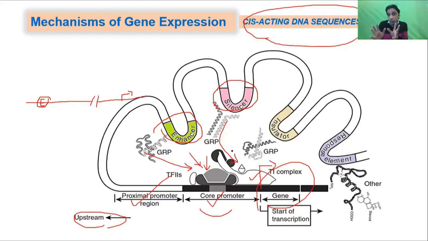A similar sort of blockage is offered by insulators. But this is a bigger topic, we will look at insulators some other time. And then there are certain other elements called response elements, which are those elements that can act in the presence of a certain chemical.